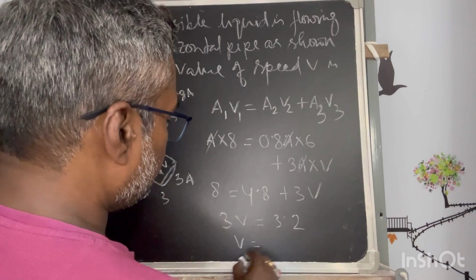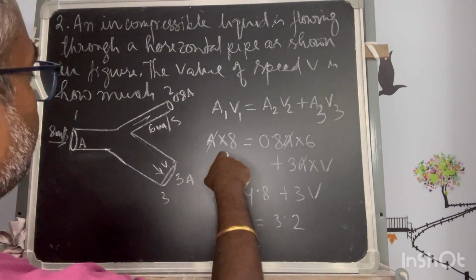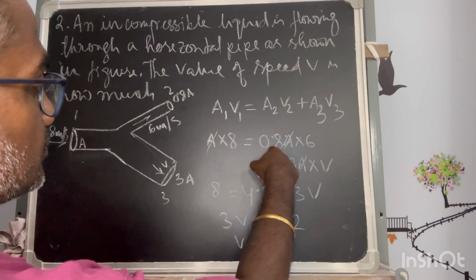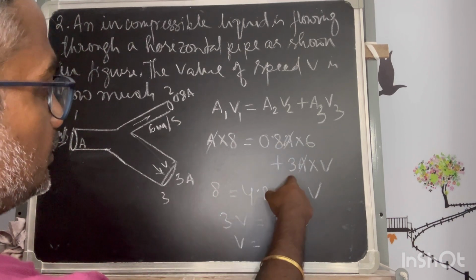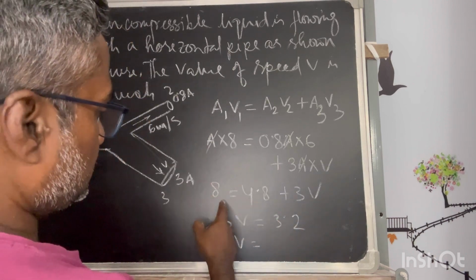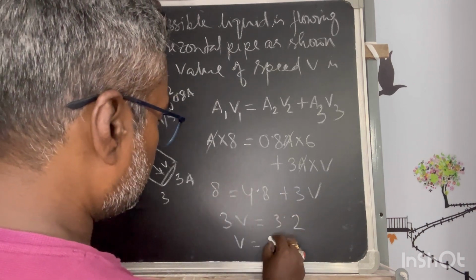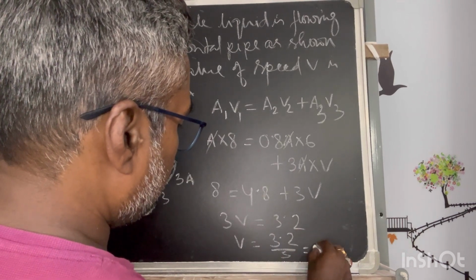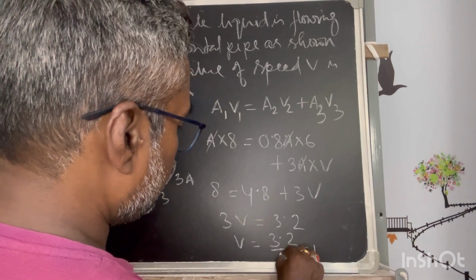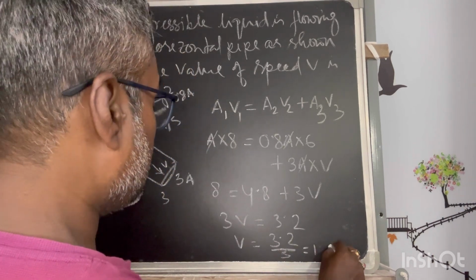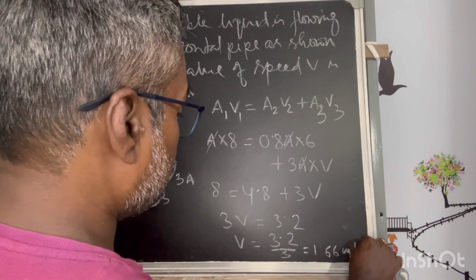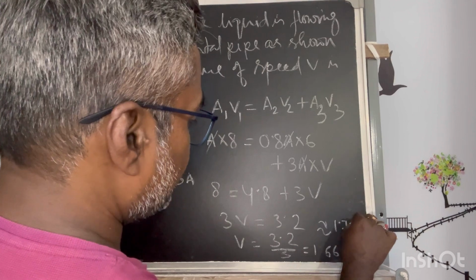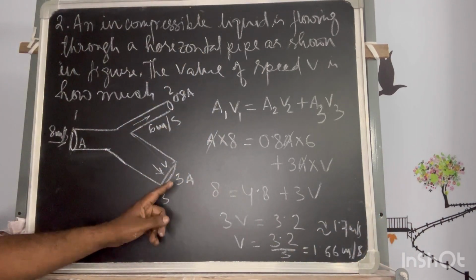So v is equal to 3.2 by 3 meter per second. If you calculate, you will get something like 1.66, or 1.67 you can take, approximately 1.7 meter per second. This will be the velocity here.